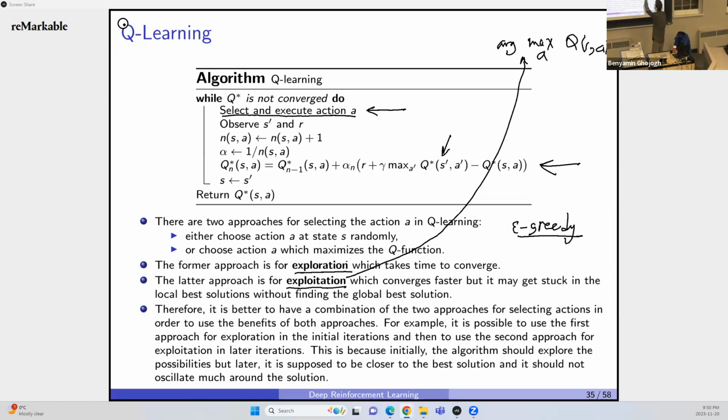Okay, or you can do epsilon greedy: with some probability you do a random action, and with some probability you do the best action. You can also change this epsilon, the probability, depending on whether you're in the initial iterations or the last iterations of training. In the initial iterations, you need to do more exploration and less exploitation.